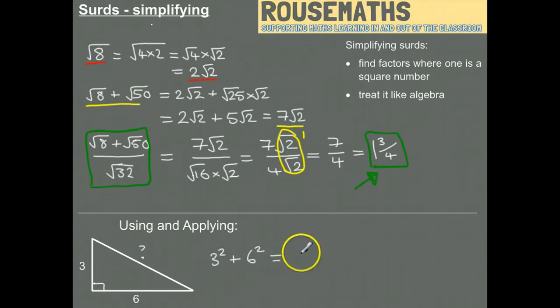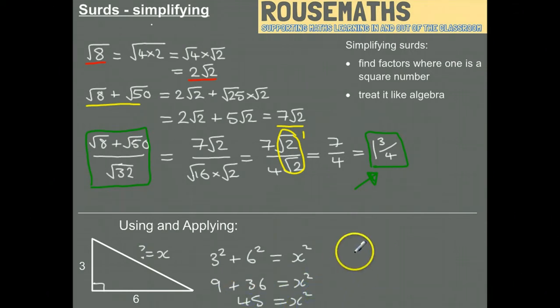So whatever the question mark is, let's be a bit more mathematical and call it x. So that's 9 and 36. So we end up with 45 equals whatever the longest side is squared. So x will be the square root of 45.